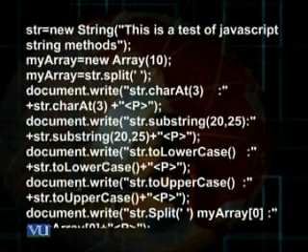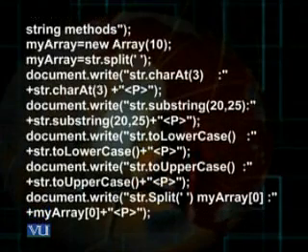Then the paragraph tag, then again the third document dot write. Here I use another different function, to lowercase. So string dot to lowercase, I write it within the string, that would appear as such. Then I use the concatenation sign, then string dot to lowercase. The to lowercase function of the string object converts the characters within the string into lowercase automatically, as you will see in the result very shortly.